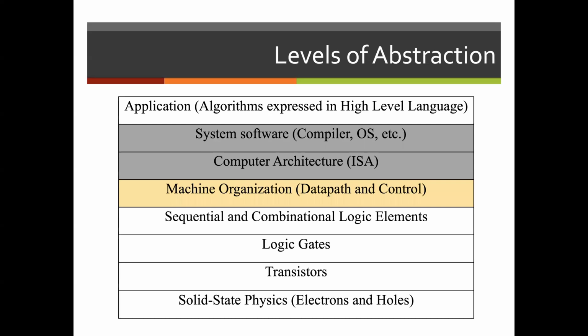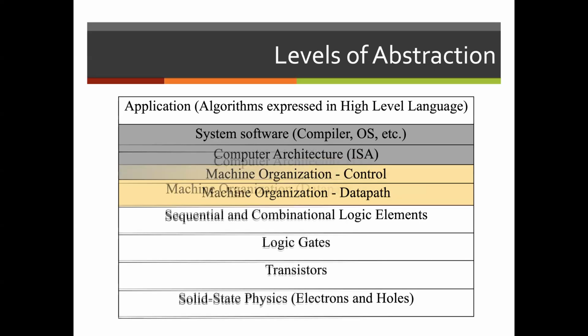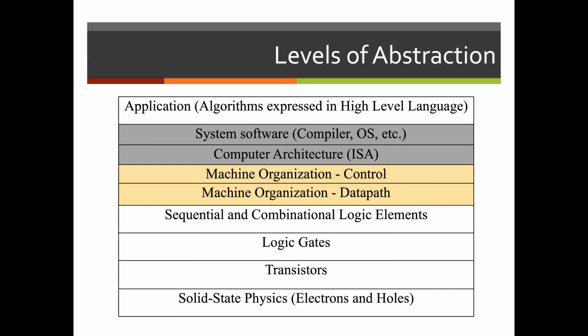And in this regard, we've talked about machine organization as it relates to the data path and control. And so we can further extract those components into having machine organization be associated with appropriate control mechanisms, and also machine organization associated with appropriate data path mechanisms.